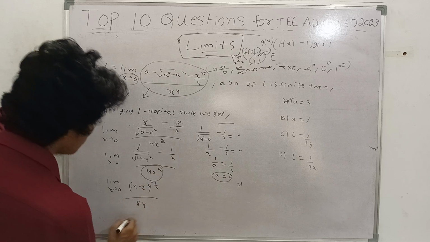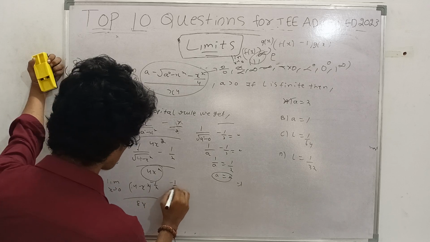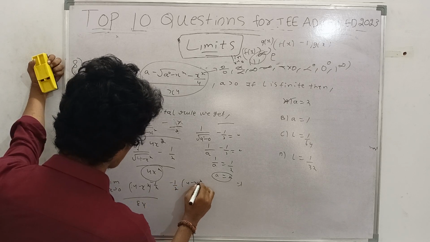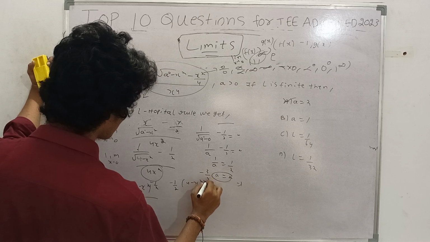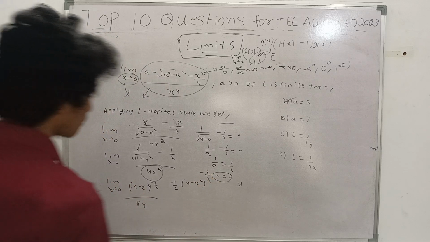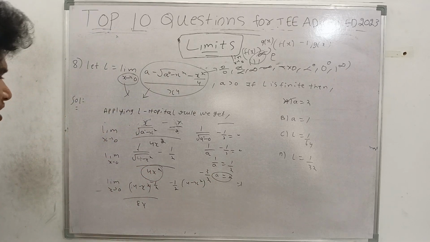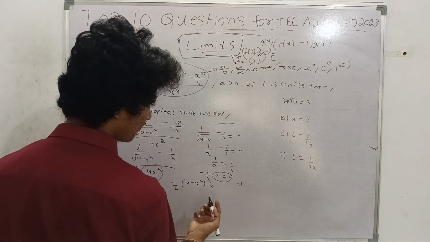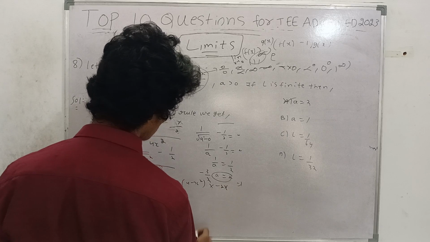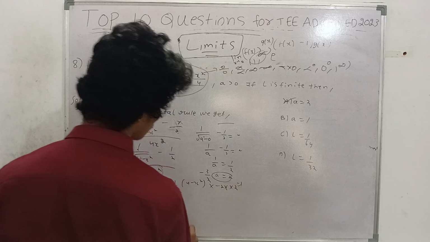Here it will be 8x. And here minus 1 by 2 into 4 minus x square whole power minus 3 by 2. If we differentiate this and multiply, 4 minus x square differentiation is minus 2x, and 2x differentiation is 2.